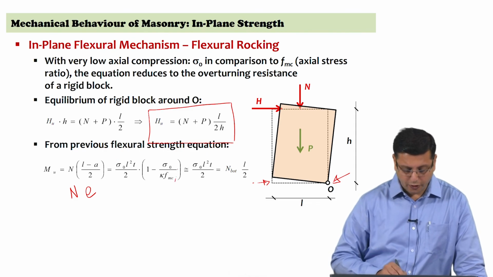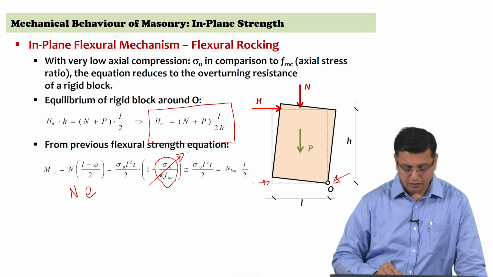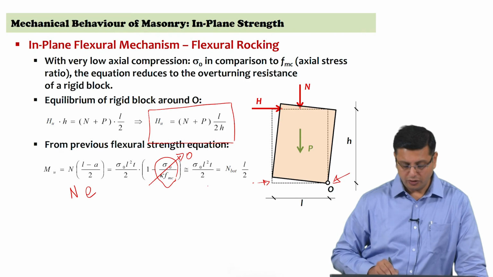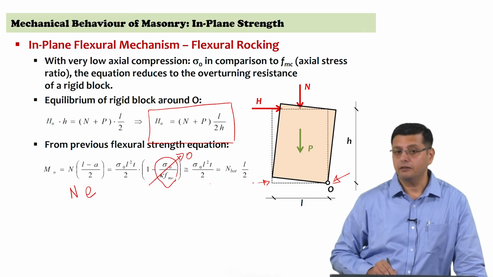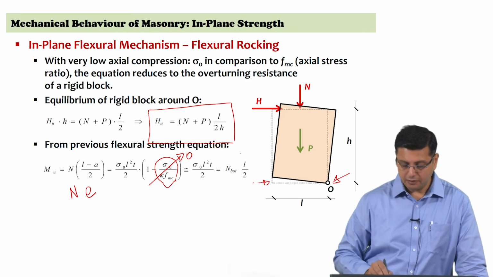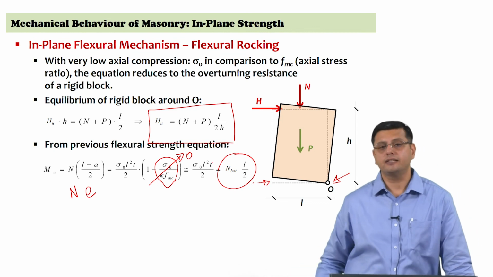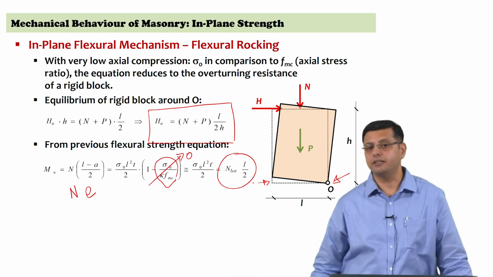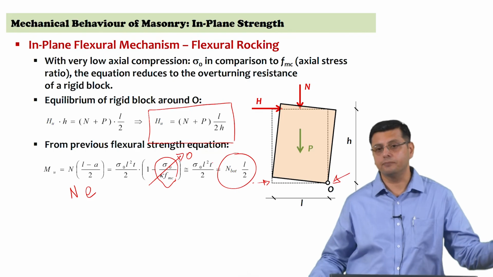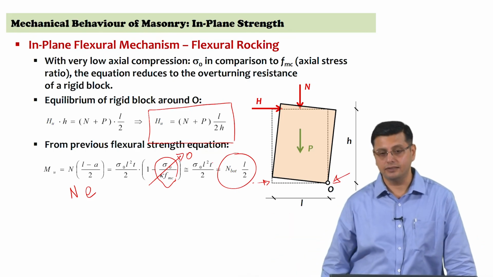This axial stress ratio is going to 0 for us. When that goes to 0, your equilibrium comes merely from the axial force level and the geometry itself. You will get the overturning mechanism, which is a rigid rocking that occurs in the wall.